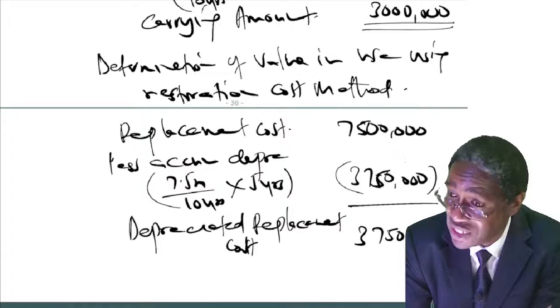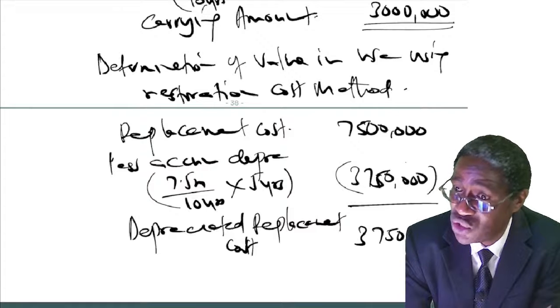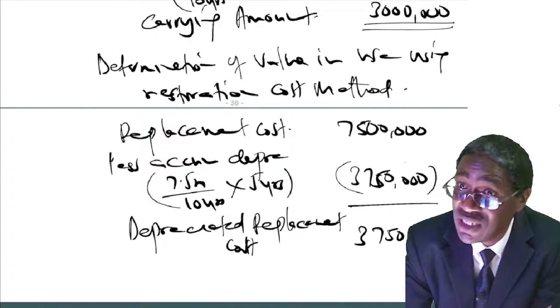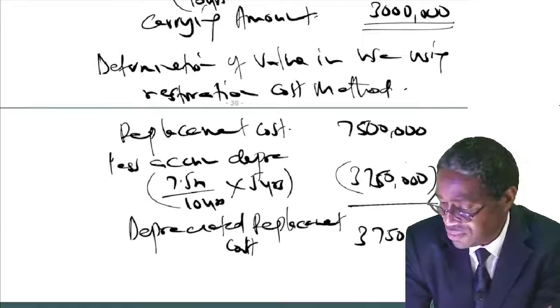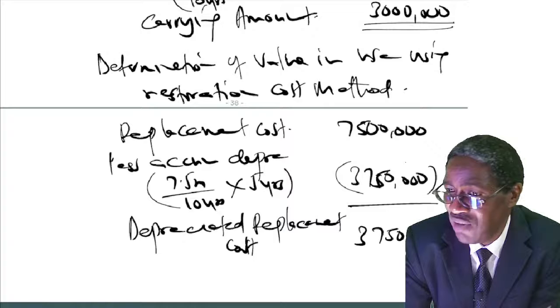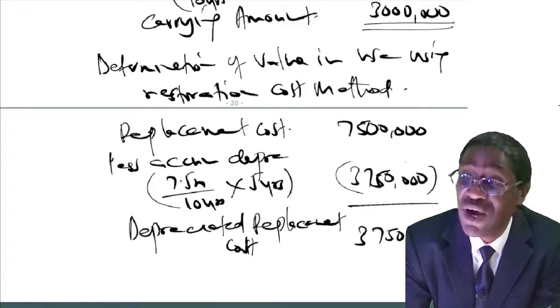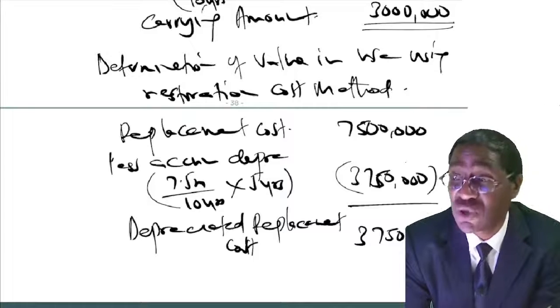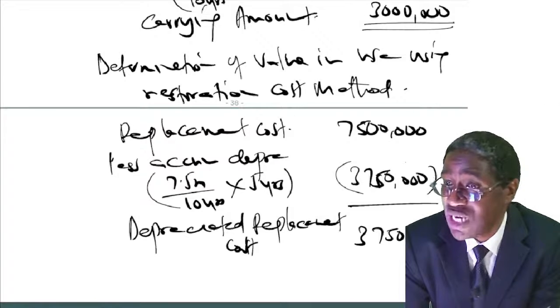So I was asking you, chat, tell me yes or no. Has it suffered? If we were using the depreciated replacement cost, would you say that this asset has suffered?